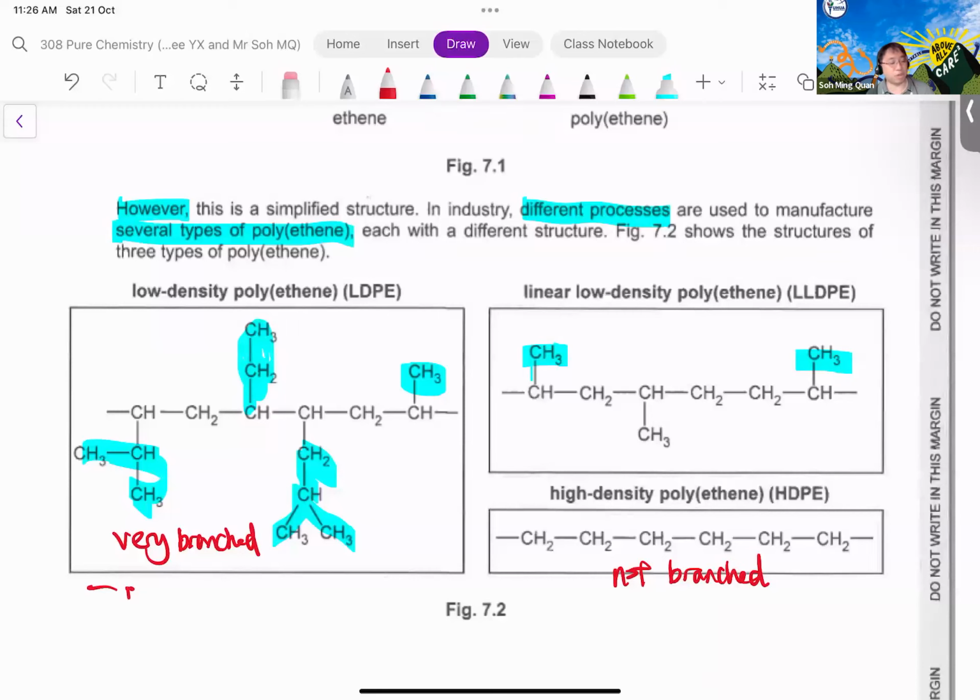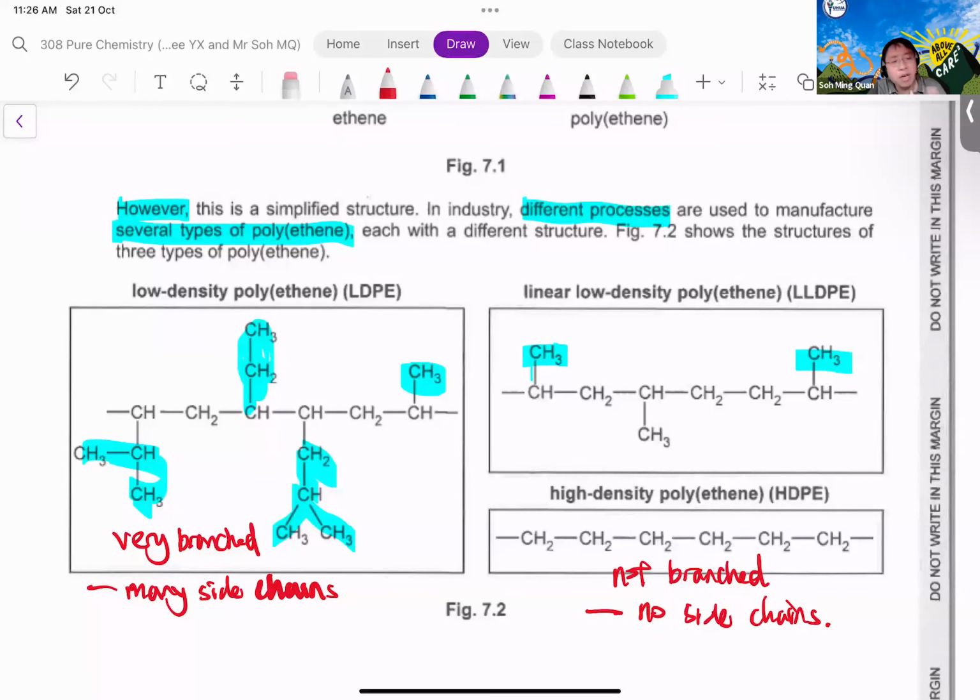Very branched with many side chains. Not branched means no side chains. So this is what you annotate in an exam. When you're faced with something new like data, like a structure, like a definition, annotate like this. The moment you have annotated this somewhere, answering the questions that follow will be much simpler.